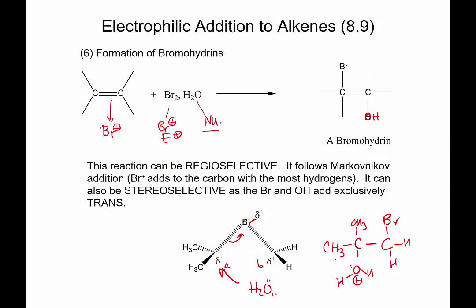After that, you just take the mercury off and put a hydrogen on with sodium borohydride. Unfortunately, sodium borohydride does retention. This one, I wanted to add the Br+ and the OH. So I formed this bromohydrin. Okay. Does that kind of make sense?